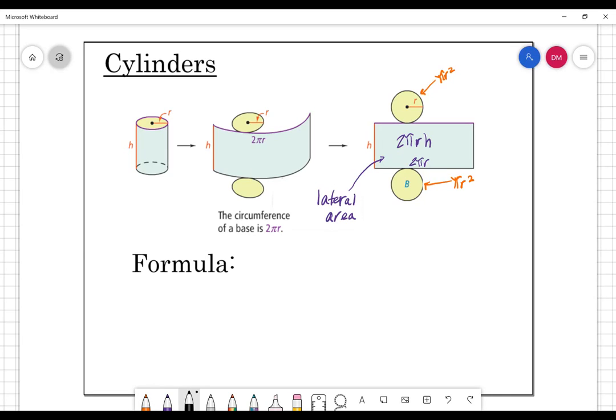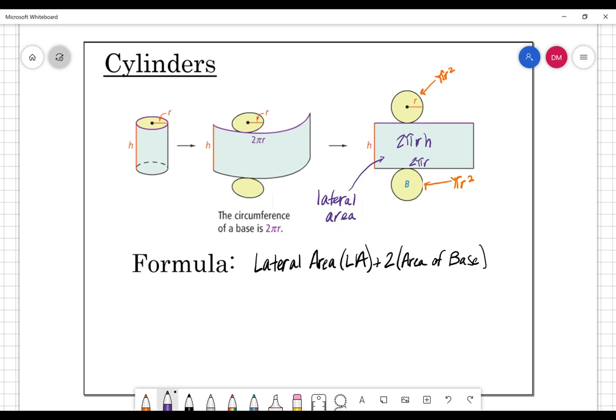Our formula takes what we find for the lateral area, which you will also see as the abbreviation LA, and we add to that 2 times the area of the base. Because we have two bases, we can find the area of one and multiply it by 2, which is convenient once we get to prisms because prisms could have a variety of bases, and so we generalize this a little bit to be the area of the base.